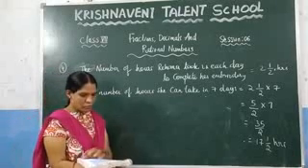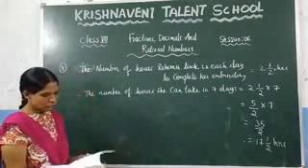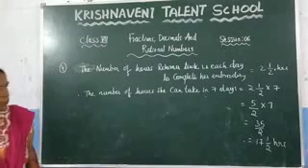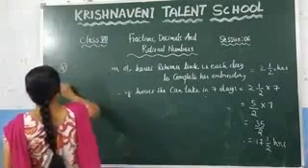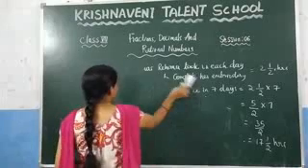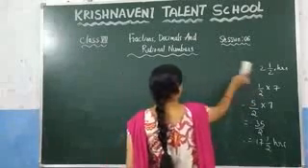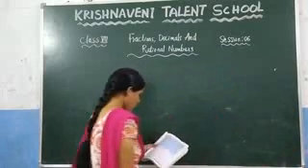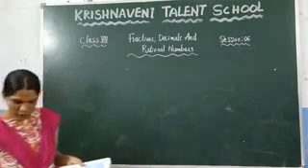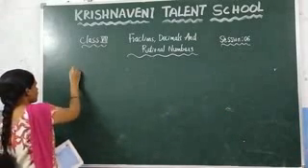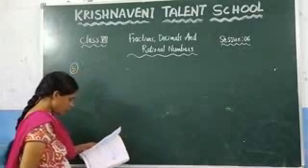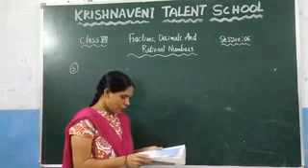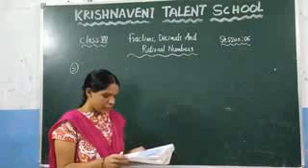Now see the fifth question. The fifth question is similar to the fourth question. I will just explain, and you can do it as homework. Here, what they have given is, a truck runs 8 kilometers using 1 liter of petrol.